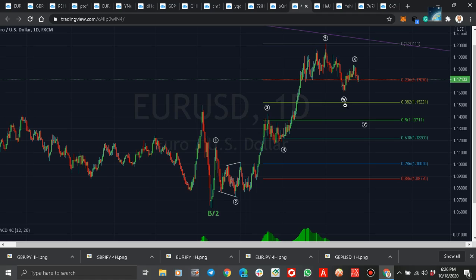We have gotten W. This X might have finished, or it can still develop. You know, wave X and wave B are always complex, and wave 2, sometimes they confuse you. You might think that this wave X is over. It can still form a triangle. It can come down here, go up, come down, go up, before it eventually comes down. But let's keep watching. Let's go to daily.